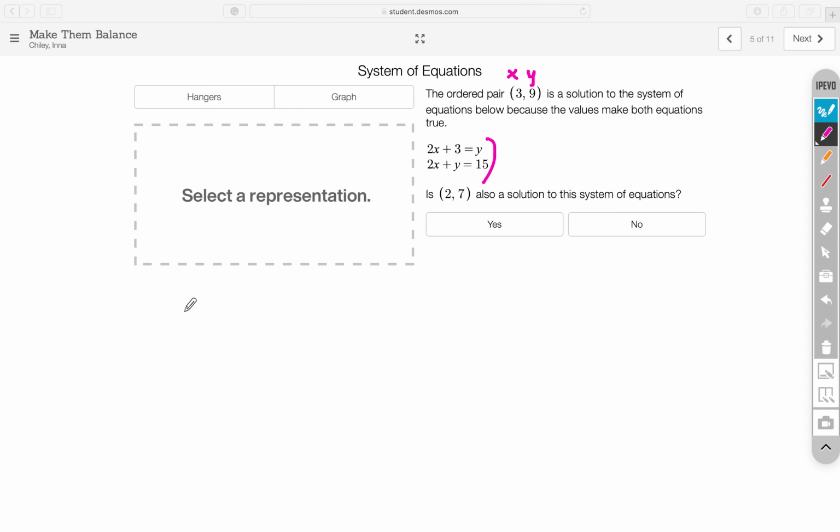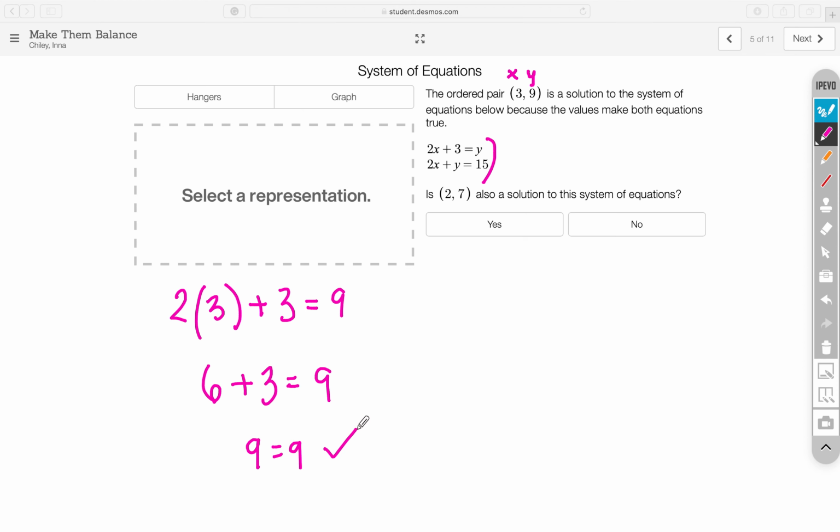If I plug in 3 for x into the top equation, 2 times 3 is 6, plus 3 has to equal y, which is 9. 6 plus 3 is 9, and 9 equals 9, which is great.